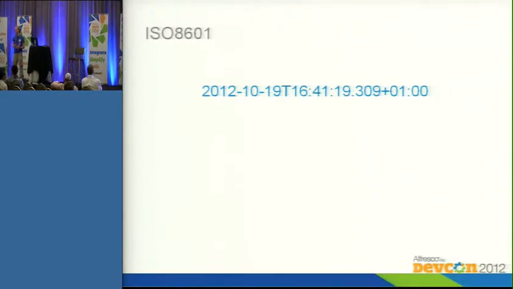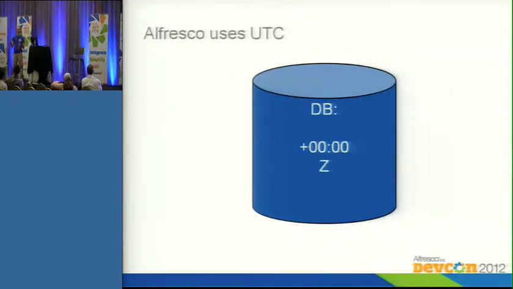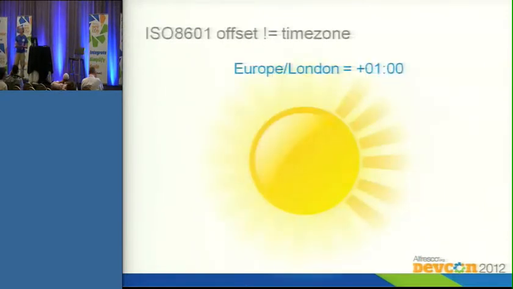And what we do with UTC time in the Alfresco database is, all times that are generated through Alfresco, we store them in the database in UTC with a 0 offset, or Zulu time. So that's UTC. That's how we store time.